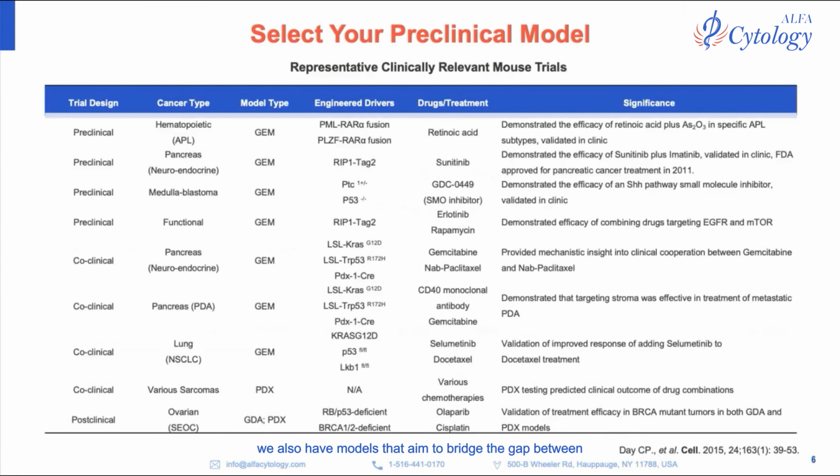On the other hand, we also have models that aim to bridge the gap between preclinical findings and clinical realities. Models that are more clinically relevant often require more complexity, but also offer greater predictive value. One prominent example is the patient-derived xenograft, which is a PDX model.